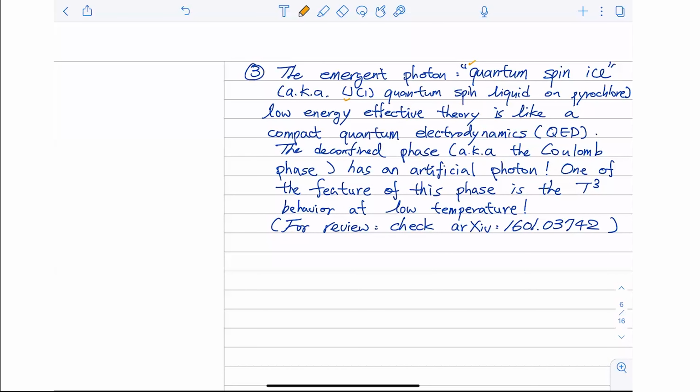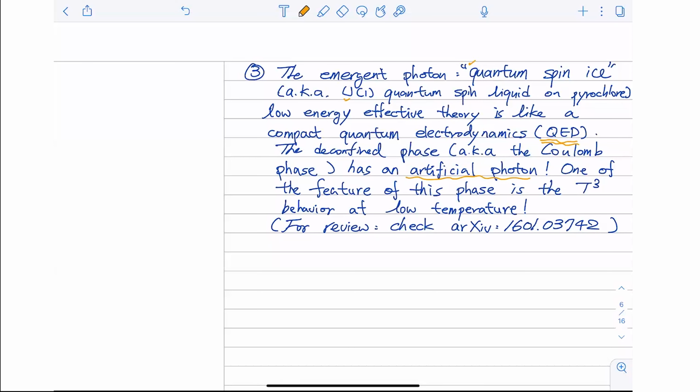So what does that mean? It means that at low energy, if we try to describe the system, it will look like a compact quantum electrodynamic theory, which is QED. The most striking phenomenon is that it is an insulator and a disordered magnetic system, but somehow it contains a non-trivial gapless mode, and that gapless mode corresponds to the artificial photon of this particular QED description.